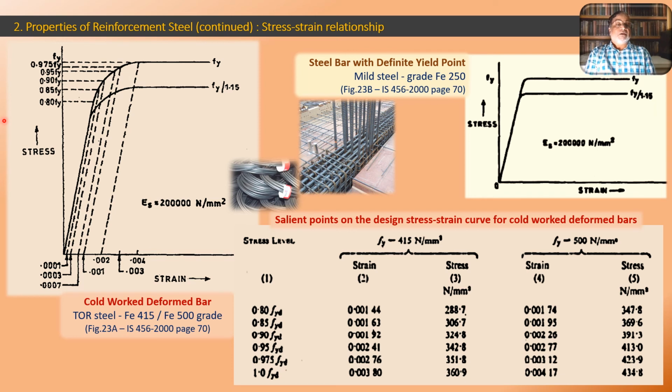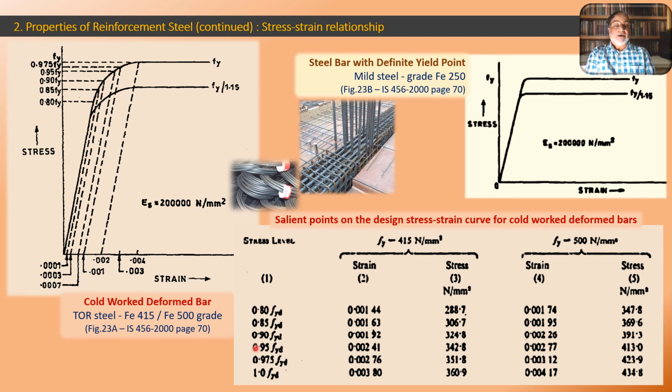And because these intermediate values may not be taken from the graph easily, IS code is also giving, in fact SP16 is giving, this table in which salient points on the design stress strain curve of cold work deformed bars are given. Salient points means these important points over the curved part.